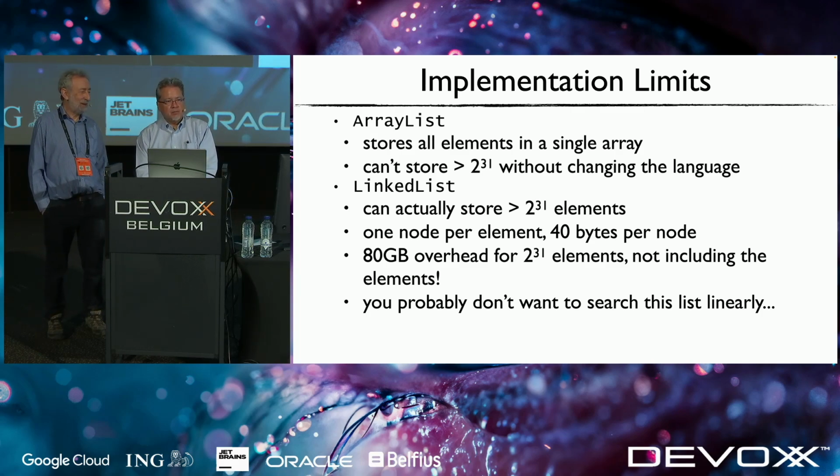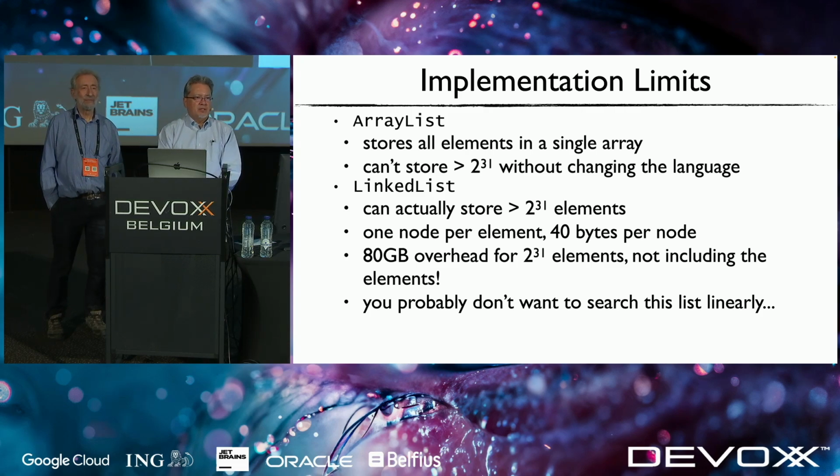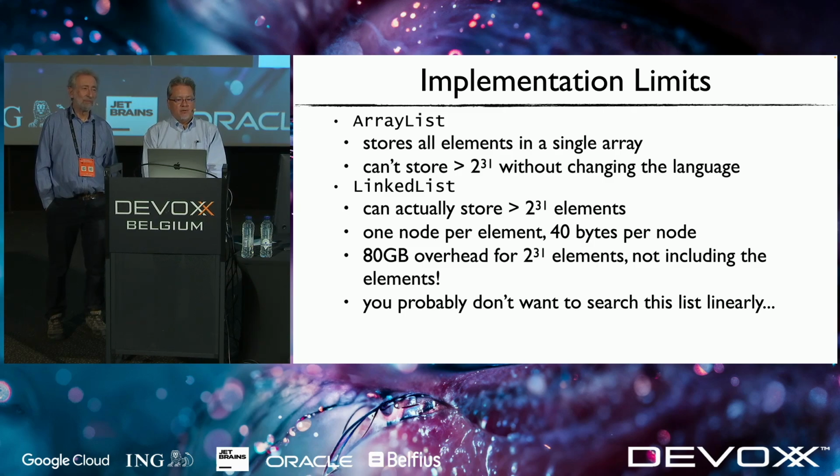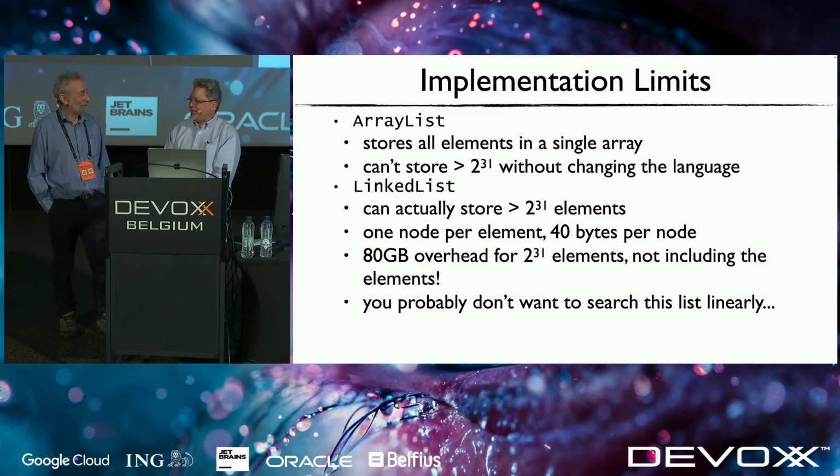But one of the things about these linked data structures, not limited to linked list, is that there is one Java object created per element in the collection. And Java objects are kind of expensive because you have an object header and you have to have space for the fields. A linked list node occupies 40 bytes. So if you put 2 billion elements into a linked list, already you're using 80 gigabytes.